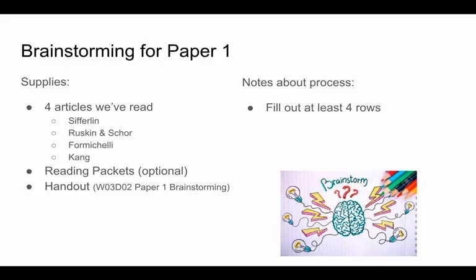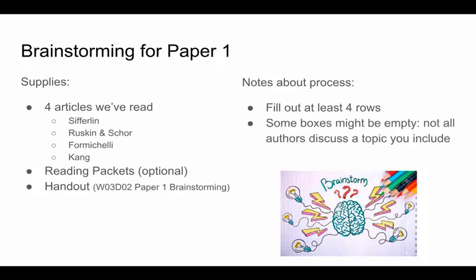It's based on a topic, so we'll see how that translates into a successful body paragraph. If you have 4 rows filled out, you have at least 4 topics to choose from, and you can use those to build your 3 to 4 body paragraphs and think of how you want to shape them.